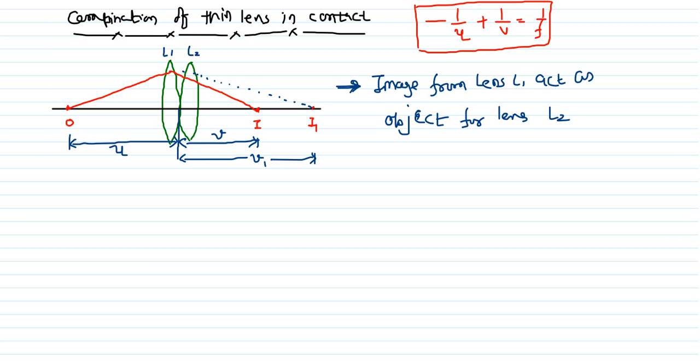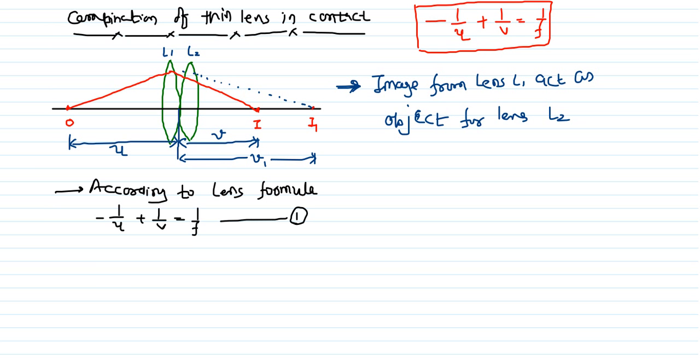According to the lens formula, minus 1 upon u plus 1 upon v is equal to 1 upon f.